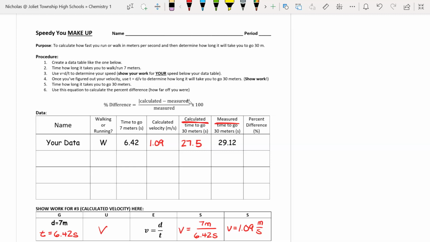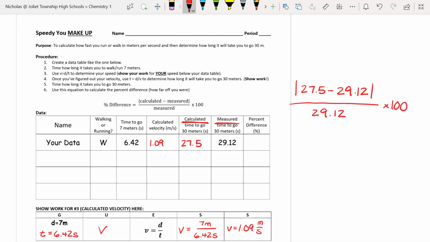In this case, my calculated number is smaller than my measured number, so I'm going to plug in 27.5 minus 29.12. Some groups had them flipped, where the calculated was larger than the measured, and they got a positive number. But you'll see in a minute that we're going to get a negative number.